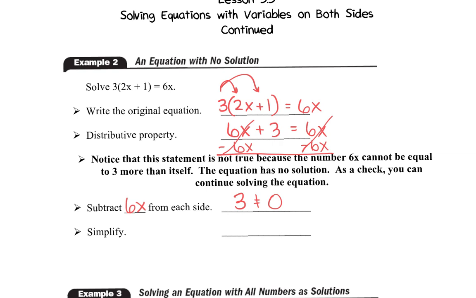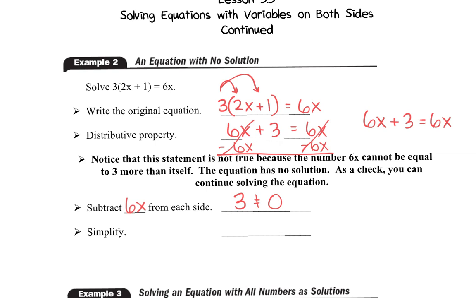Okay, so let's actually go back to this part where we left off, where we had 6x plus 3 equals 6x. And let's think about this equation from here. So think about whatever x would be. On the left side, you would multiply by 6 and add 3. And on the right side, you would just multiply by 6.